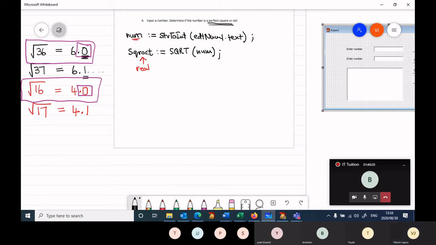Now that I've got the square root, it means I've got the number in this format. I need to know, how can I look at the fractional part? And if you know your functions well, there is a function called frac. And this function will allow me to look at that fractional part.